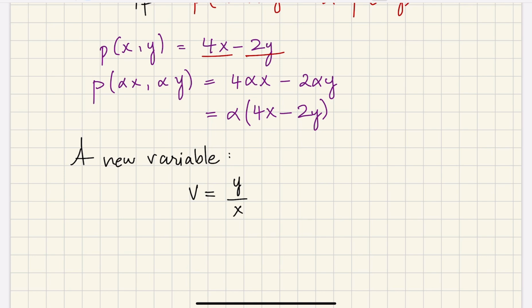Now, I want you to keep in mind that here y is a function of x. x is x, so v is a function of x.